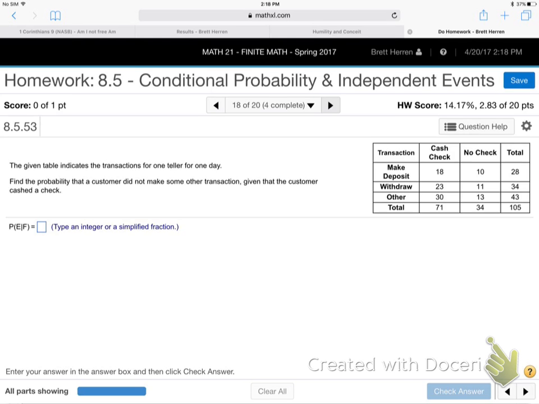The other refers to the word other in the table, I think.